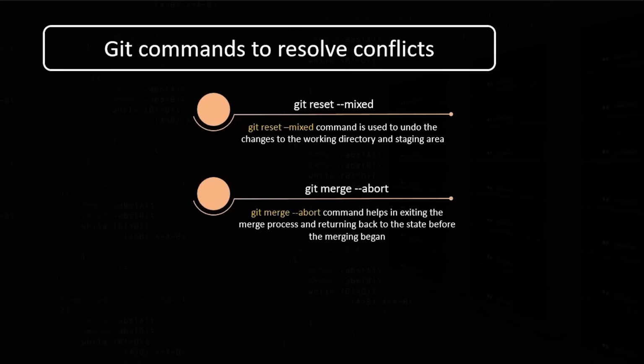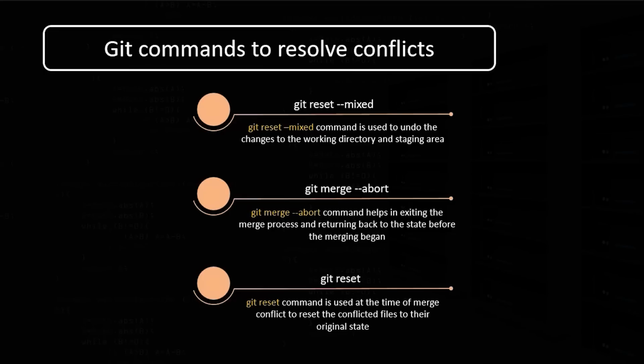Then we have git merge --abort, which is used to exit the merge process and return to the state before the merge began. If you're not able to resolve the merge conflicts manually, in that situation we will be aborting the merge, or git merge.